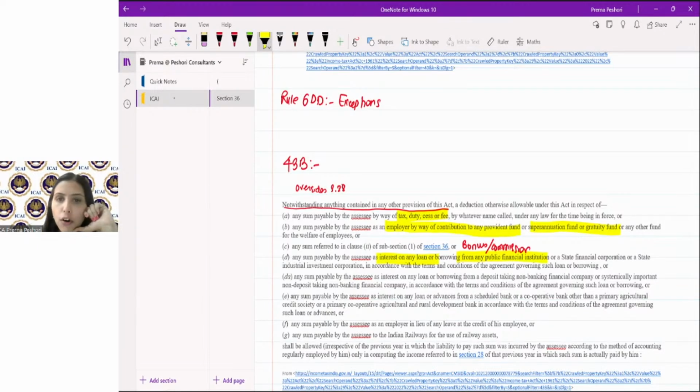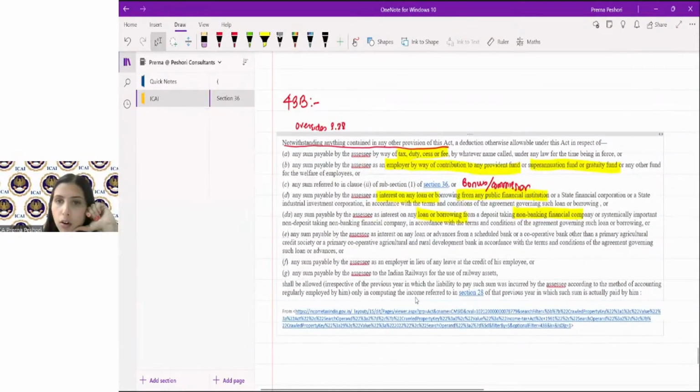Interest on any loan or borrowing from a deposit taking NBFC or systemically important non-deposit taking NBFC. Sum payable by the assessee as interest on any loan or advances from a scheduled bank or a cooperative bank other than a primary agricultural credit society or a primary cooperative agricultural and rural development bank. Sum payable by the assessee as an employer in lieu of any leave at the credit of his employee, right?